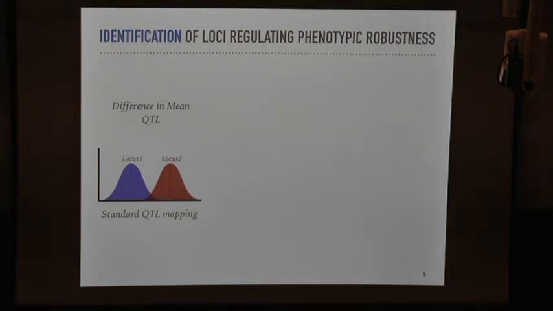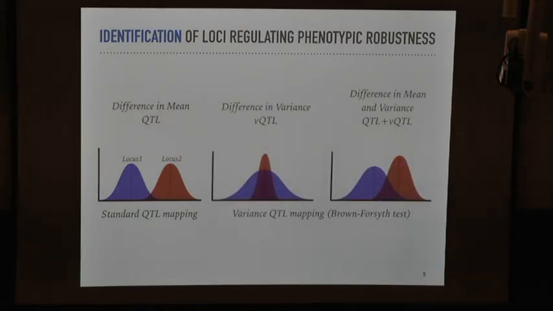Now, what was also realized very recently is that the marker need not change only the mean. It can also change the variance. So you can have two kinds of comparisons: a marker that doesn't change the mean at all but only the variance, or a marker that changes the variance as well as the mean.